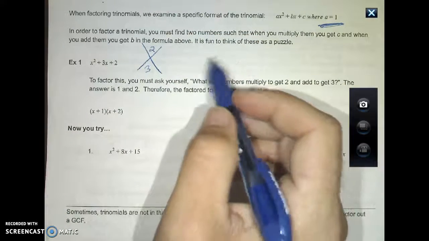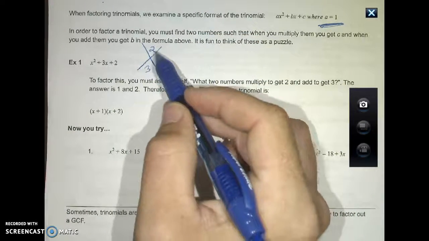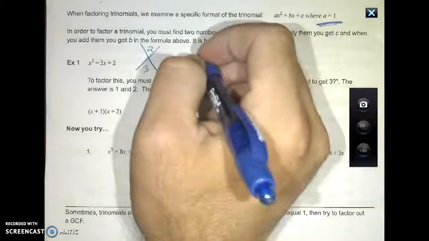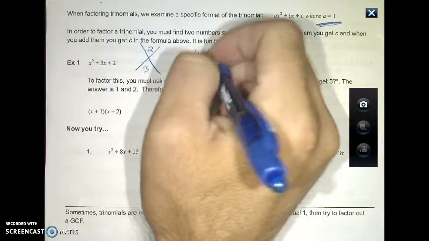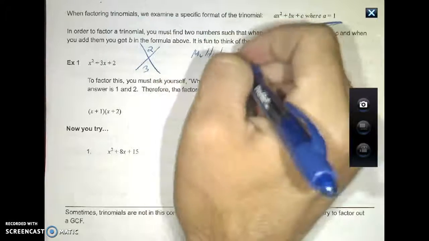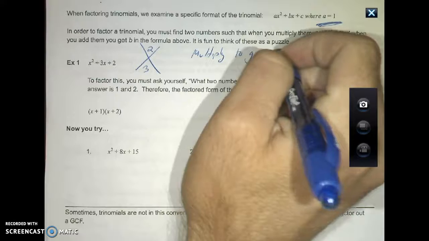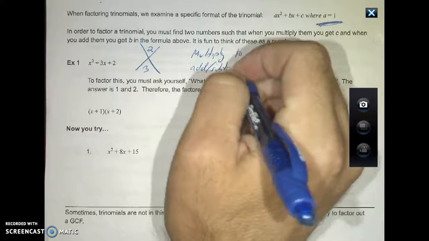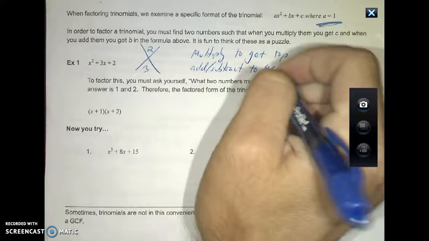What we do is we think of two numbers that multiply together to get the top number, but add to get the bottom number. So multiply to get top, add or subtract to get bottom.